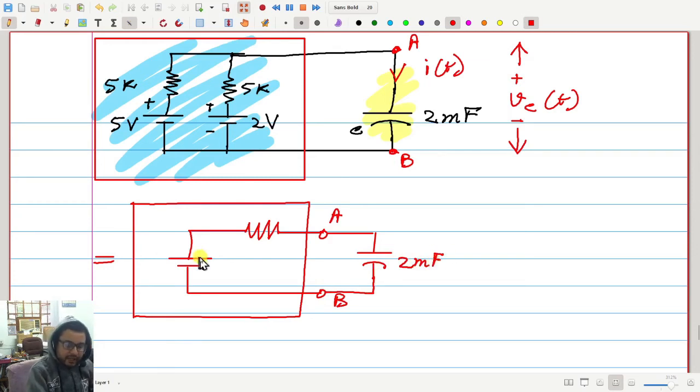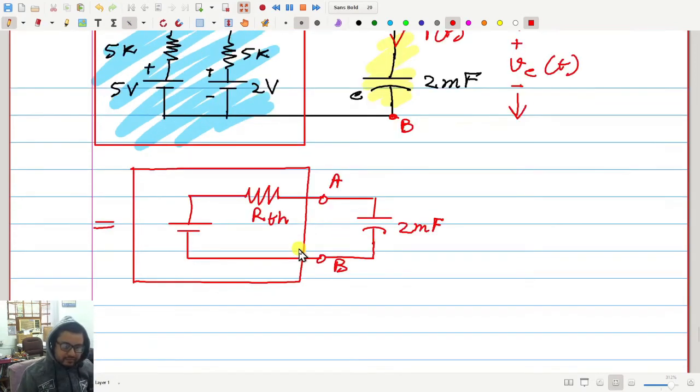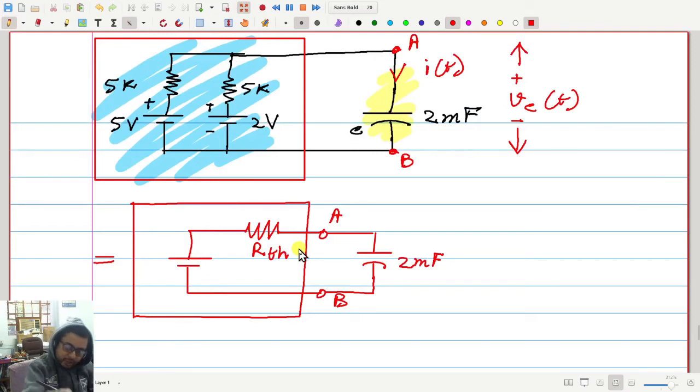Acha. Can you find out how much will be this Thevenin resistance? Sir, 2.5 kilo ohm. You are right. So this will be 2.5 kilo ohm. Can you explain how it is 2.5? Yes. To find the Thevenin resistance, what do we have to do?